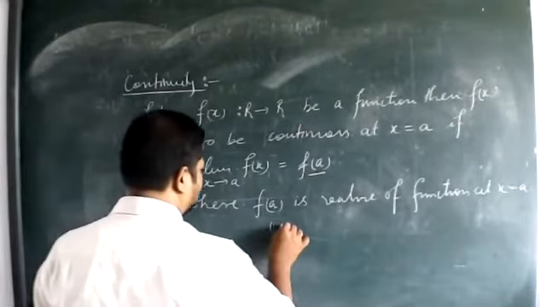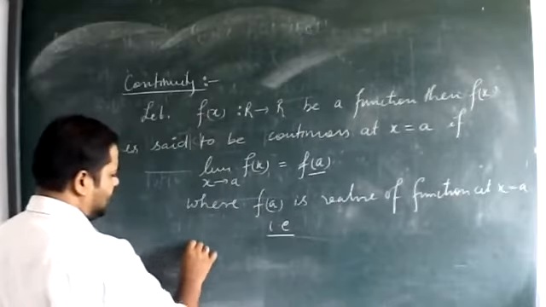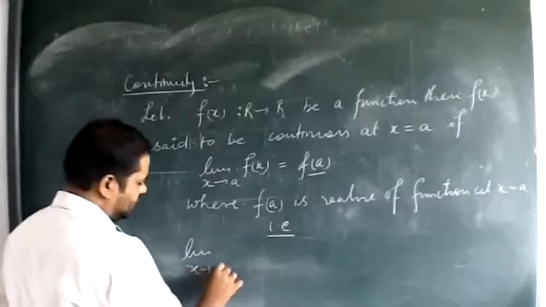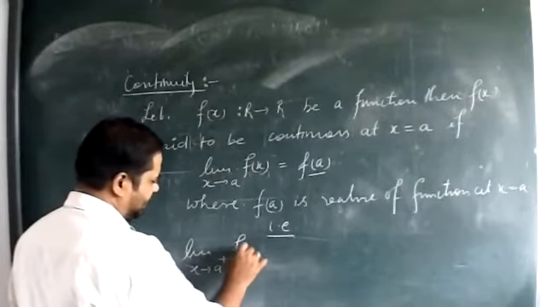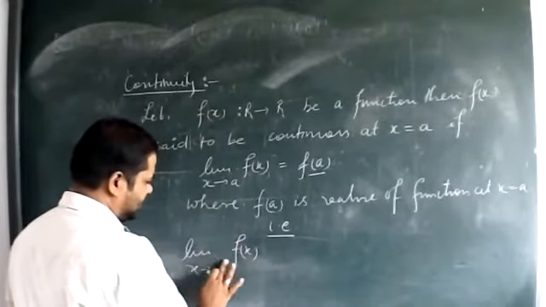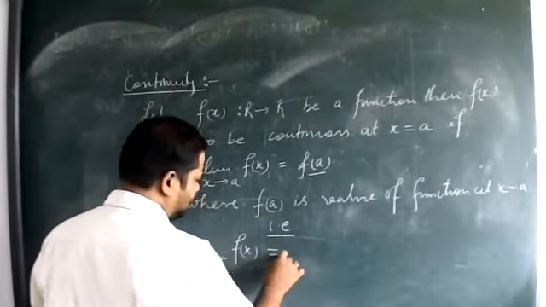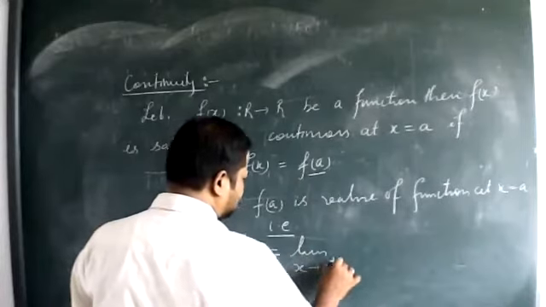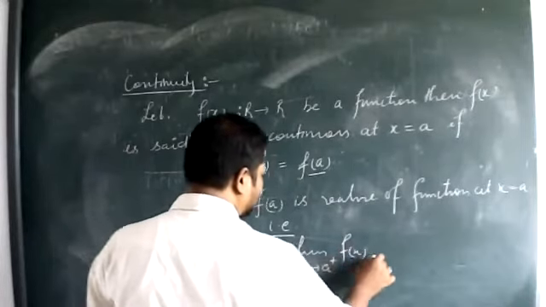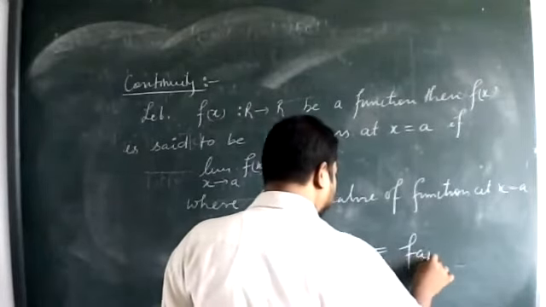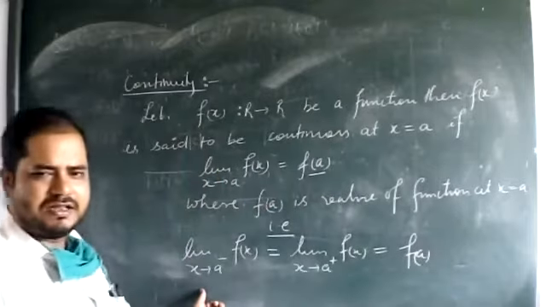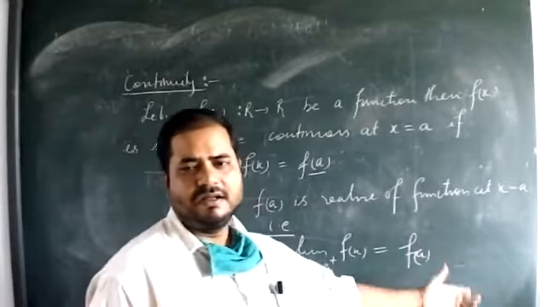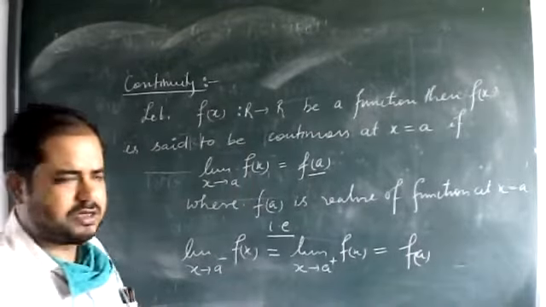So also you can say that limit x tends to a minus f(x) is equal to limit x tends to a plus f(x), and this is equal to f(a). That is, left-hand limit equals right-hand limit equals value of function.